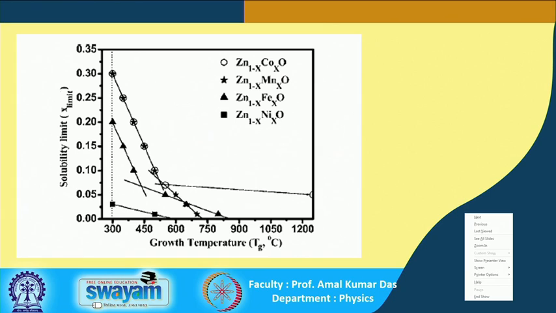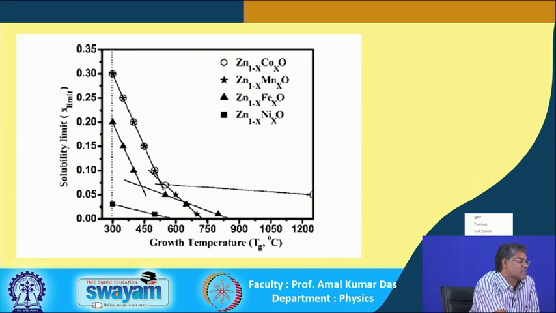So this growth temperature is, say, the water temperature, and here I am showing 4 types of sample. You can take one as salt, another as sugar, etc. So 4 types of solid you can take and put in water.